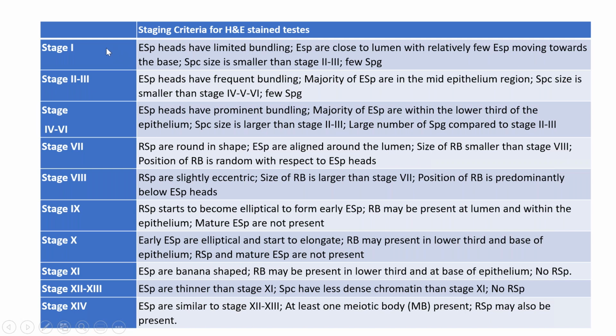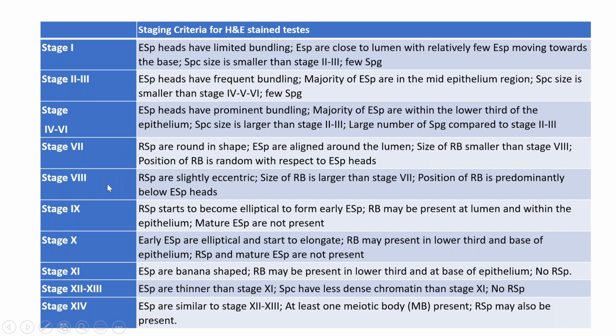But in summary, stages 1 through to 6 were determined by the position and the bundling of the elongating spermatid heads as they started off in stage 1 at the lumen, moved down in stage 4 to 5 to the base of the tubule, and then moved back up to the lumen.